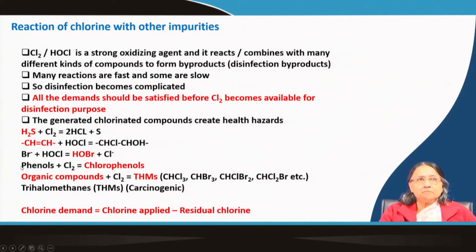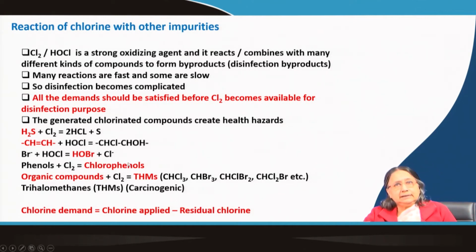Now, phenols. Many waters may contain phenolic compounds or phenols. In the phenols there is a benzene ring, and in the benzene ring chlorine can replace the hydrogen atoms and form chlorophenols. It is a dangerously toxic substance and it can have a bitter taste also, and bad smell also.